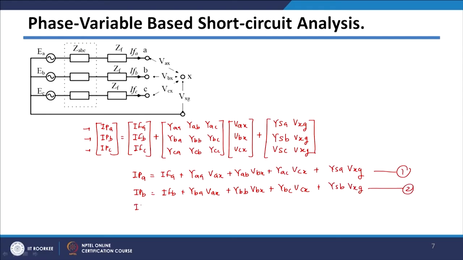And IPC will be equal to IFC plus YCA into VAX plus YCB into VBX plus YCC into VCX plus YSC into VXG. This is equation number 3.